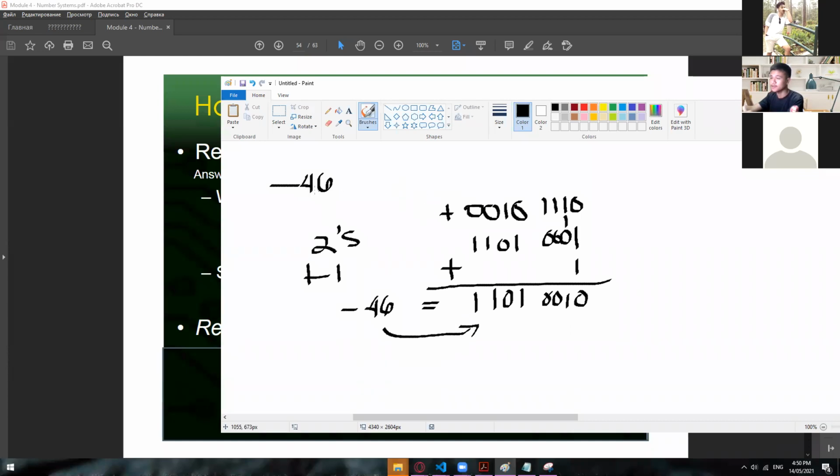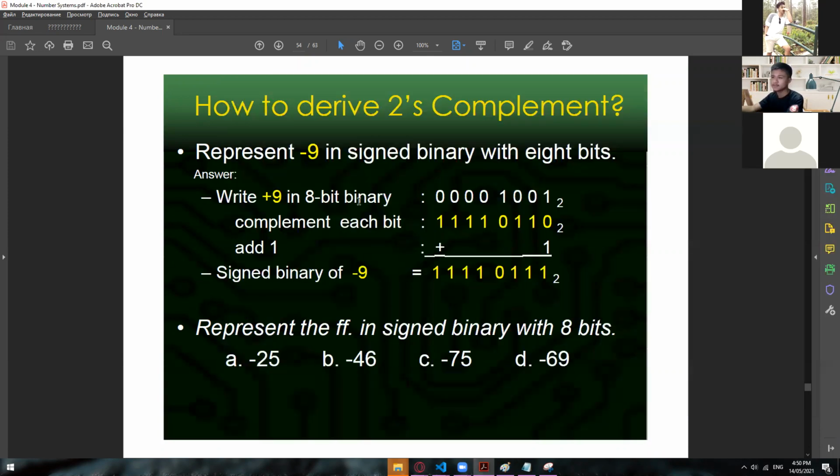Let's say you want to represent negative 46: you have to show the positive binary combination, and then apply those two steps, which are two's complement and then plus 1, for you to get the exact combination of negative 46. All right, thank you, sir. It's the same with this one. Write the positive 9 first before you get the negative 9, which is this one.